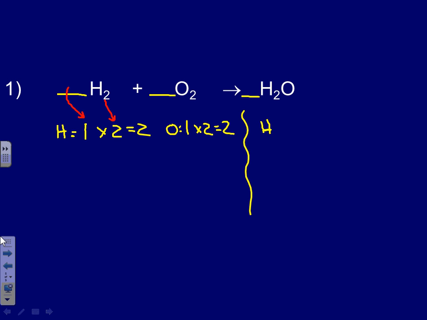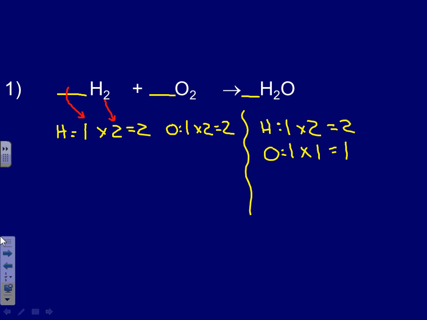For the H's on the right, 1 times 2, 2. And how many O's on this one? 1 times, and notice here there's no number, so that's a 1, okay? 1 times 1. Is this equation balanced?